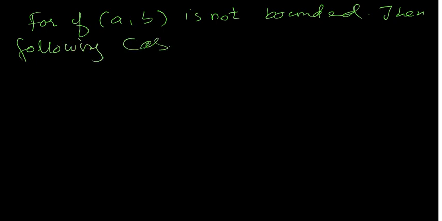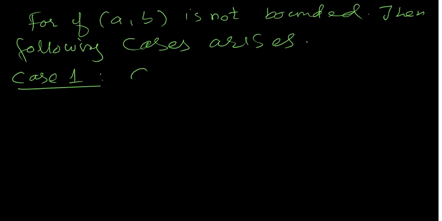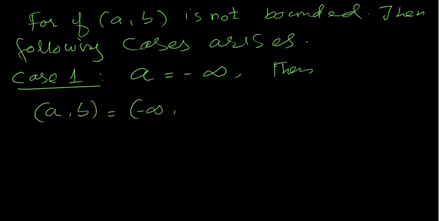Case 1, a is say minus infinity. Then this a to b, which is equal to minus infinity to b, can be written as the union over n from 1 to infinity of minus n to b.